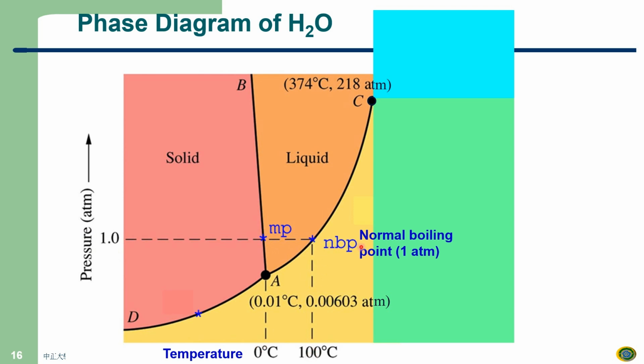This is called normal boiling point. Of course, this is the melting point, right? 0 Celsius. And this is what we call the triple point. At the triple point, the temperature is 0.01 Celsius and the pressure is 0.00603 atm. And at this point, gas, liquid, and solid coexist.